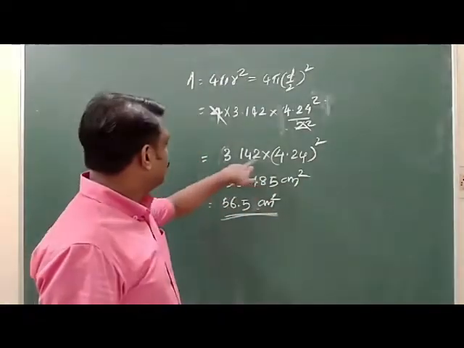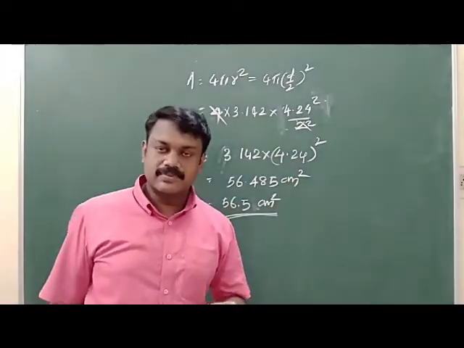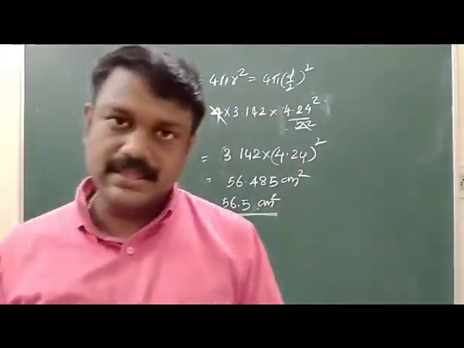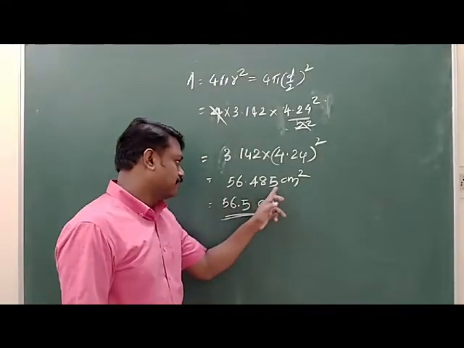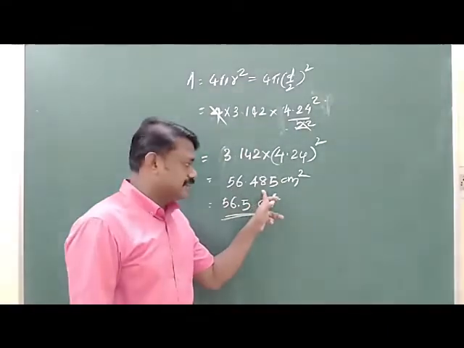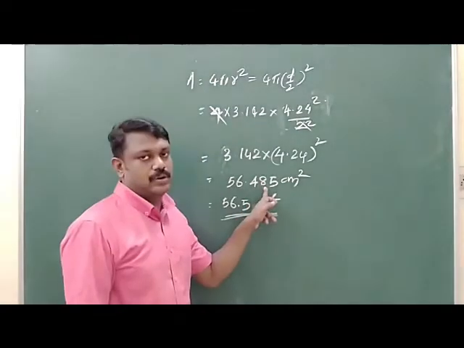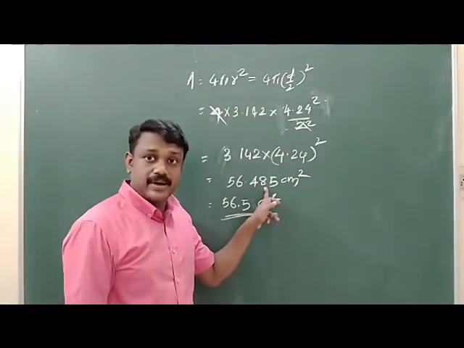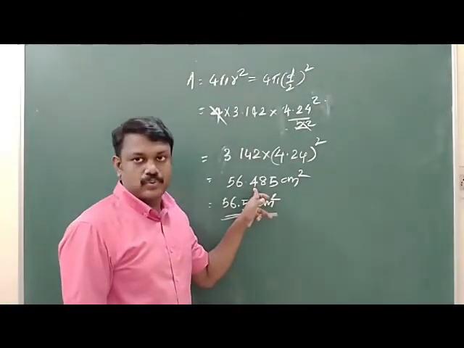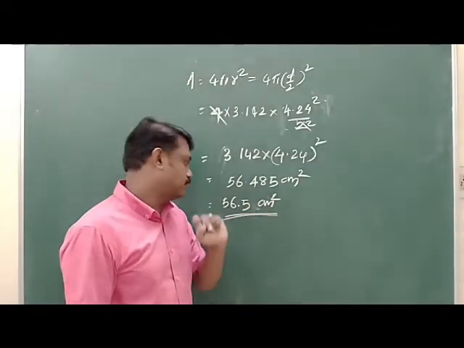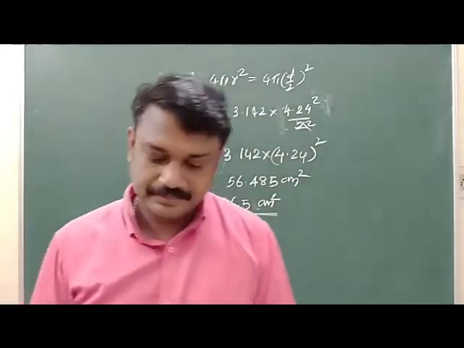Here 4 significant figures are there, here 3 significant figures are there. So the number of significant figures in the answer should be 3. So the answer 56.485 should be rounded off to 3 significant figures. When rounding off 4, the next digit 8 is greater than 5, so you have to add 1 to the 4. So 56.5 centimeter square. Okay.